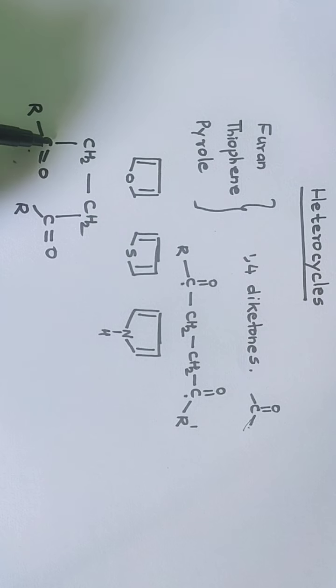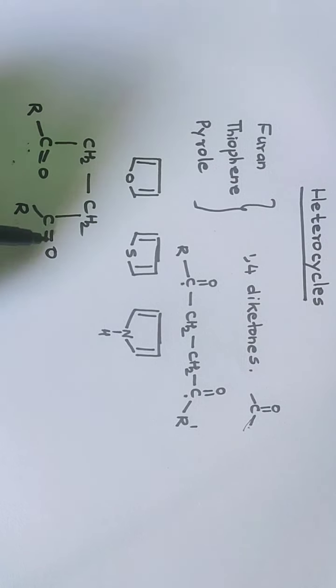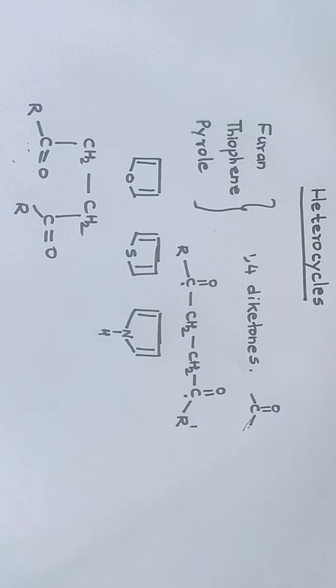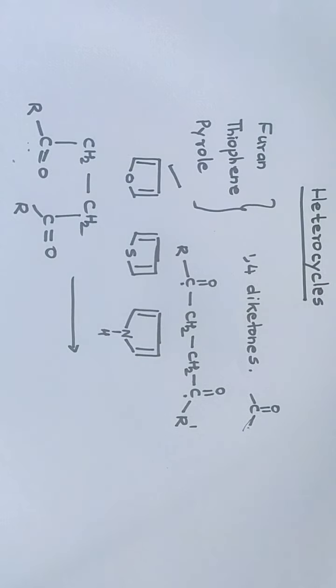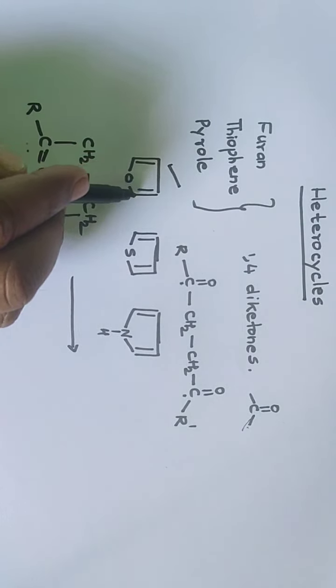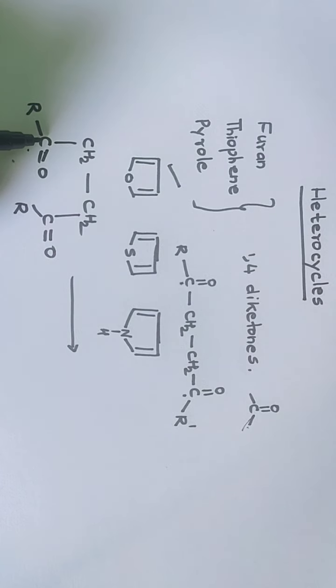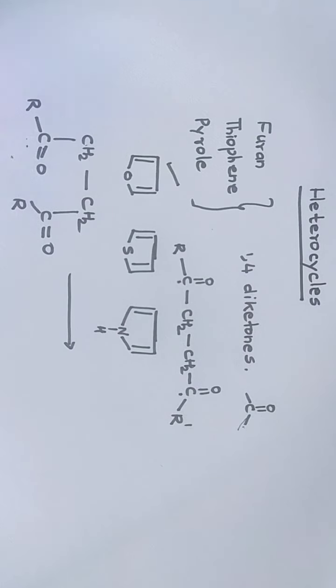So this is how I've written it, 1, 2, 3, 4: first ketonic group, second ketonic group, that is the 1,4 position. So these are 1,4 diketones. I want to prepare furan, so I require 4 carbon and 1 oxygen. There are 4 carbon here, 1, 2, 3, 4, and there is an oxygen here.